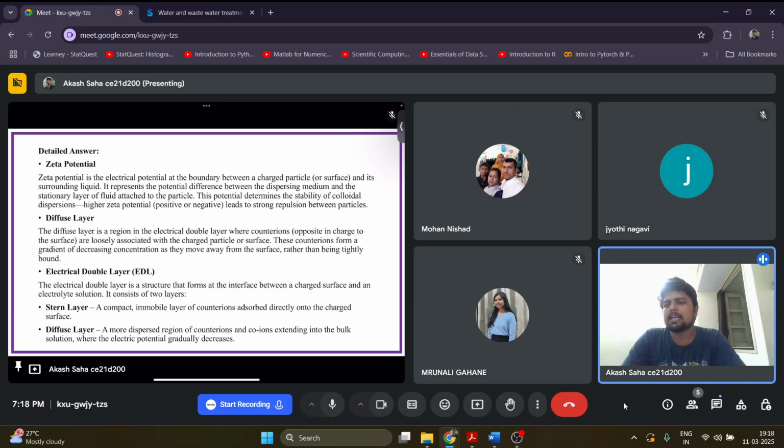I have written it here. So what is zeta potential? Zeta potential is the electrical potential at the boundary between a charged particle and its surrounding liquid. Always remember it is the potential between the charged particle surface and the liquid. It represents the potential difference between the medium and the stationary layer of the fluid attached to the particle, and it determines the stability of the colloidal dispersions.